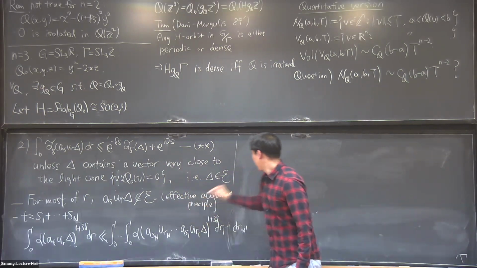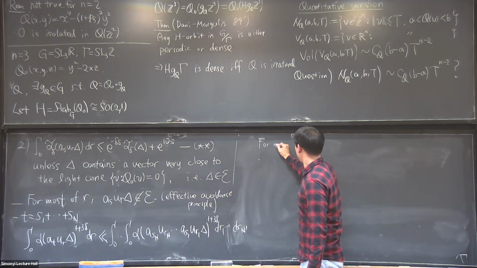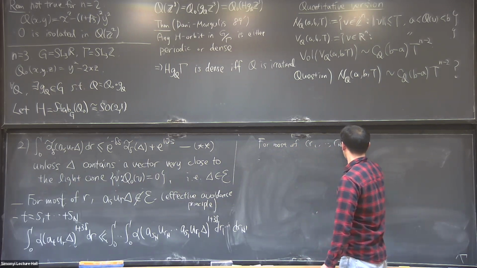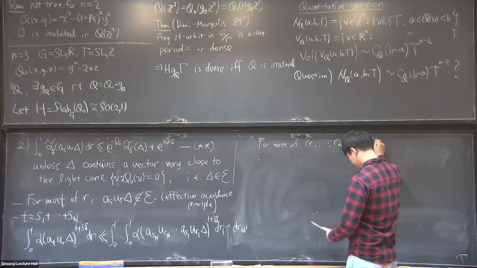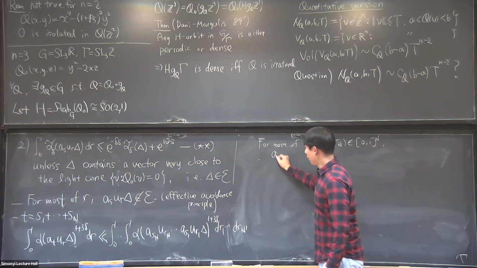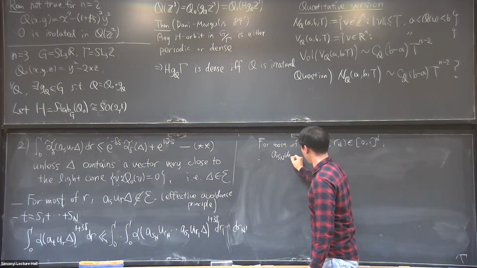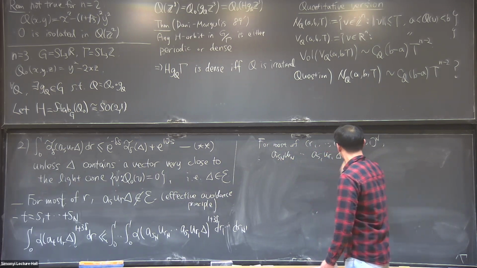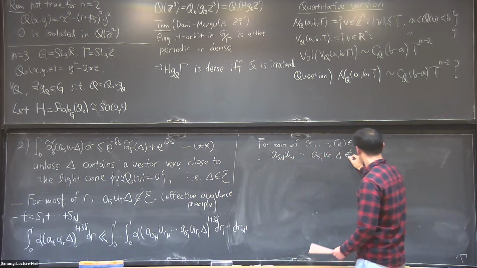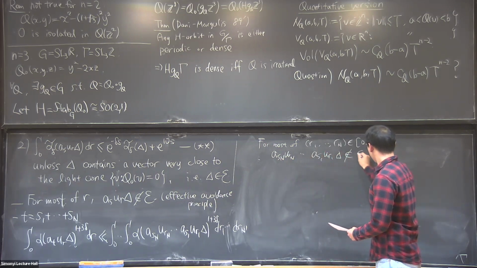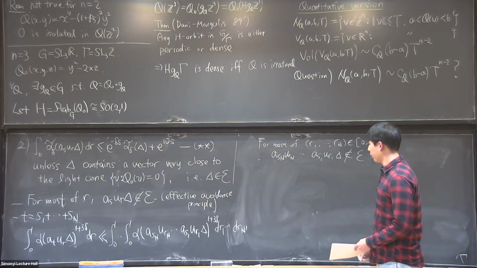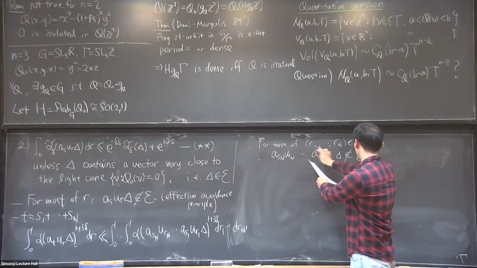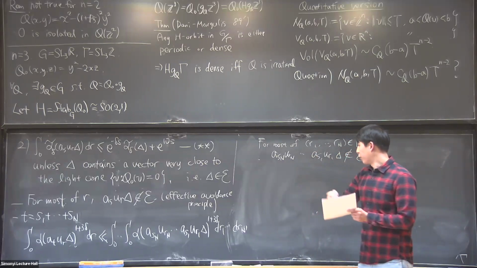And by the effective avoidance principle, for most of r_1 to r_n, the iteration of the random walk is not contained in the exceptional set. So the contribution of exceptional r_1 to r_n is very small.